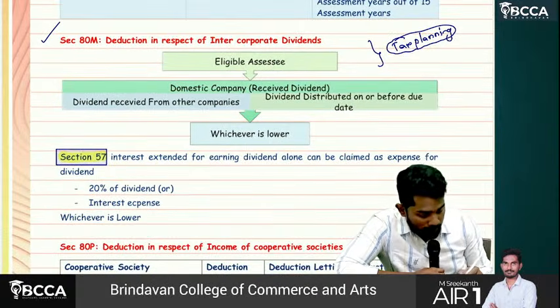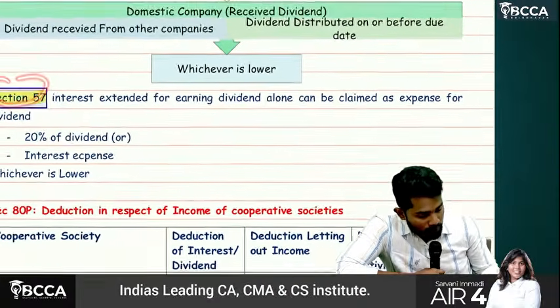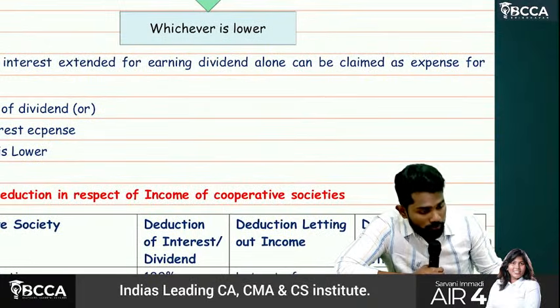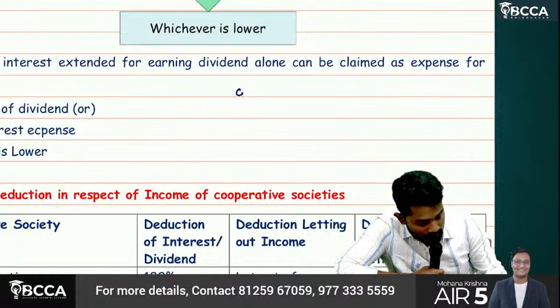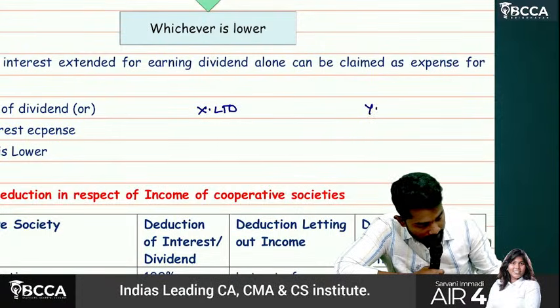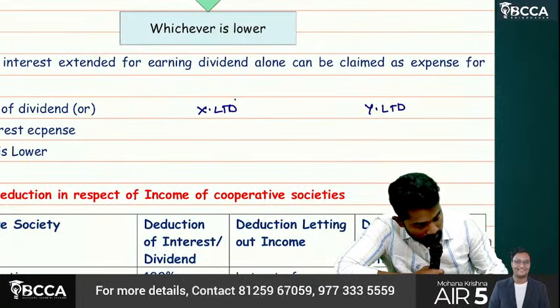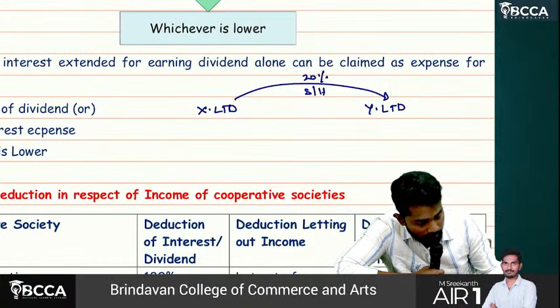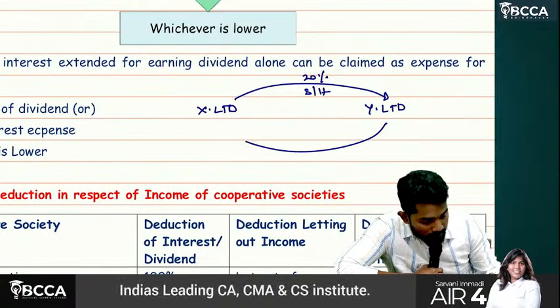One important point, sir. How is this company earning dividend? Let's say X Limited and Y Limited. X Limited has 20% shareholding in Y Limited. Now Y Limited paid 30 lakhs as dividend.